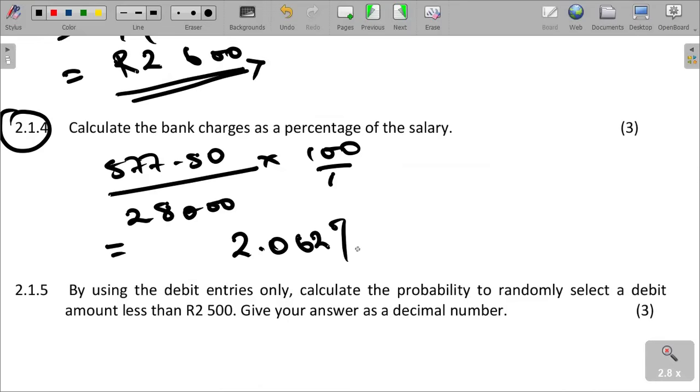It is 2.062, which is close to 2.1%. That is the percentage of the bank charges of the total salary. 2.1%.